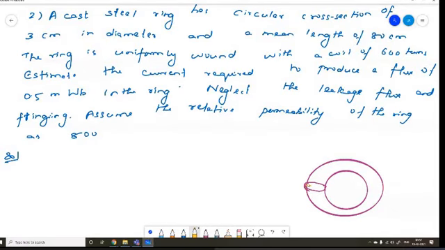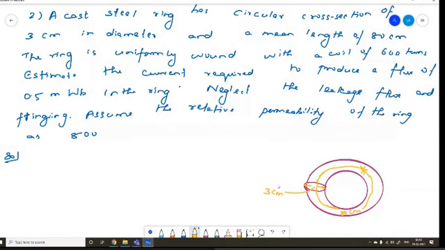If you look at the cross section, this diameter is given as 3 centimeter. And the mean length is how much? The mean length is given as 80 centimeters. So when they say mean length, they mean this one. So this is the mean length.